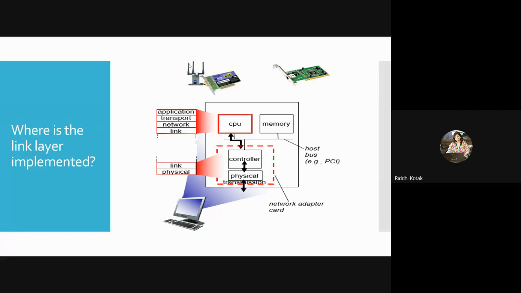You can observe in the diagram: the NIC card is located between the controller and the physical functionalities. In the diagram, that card is also shown in a zoomed form. And at the NIC, the data link layer functionalities will be handled in any system.